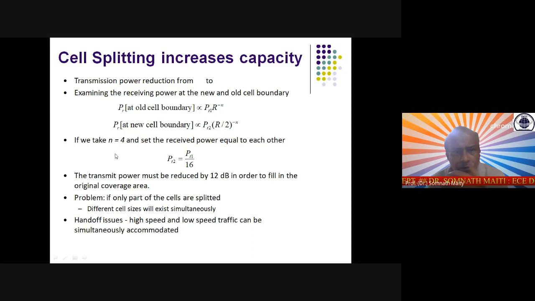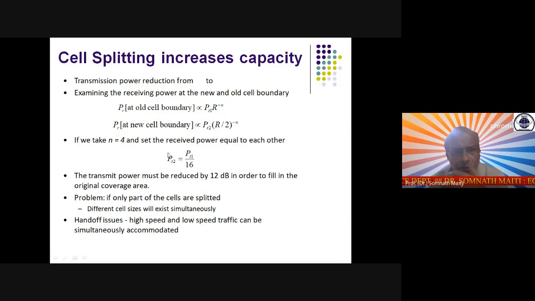Now if you take N, the path loss exponent, as 4, PT2 will be PT1 by 4. It will be R by 2 whole to the power 4. If you substitute here, it will be 2 to the power 4, that is 16.